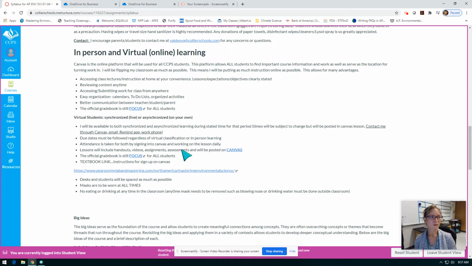So I wear my mask for you, and you wear your mask for me. It's not only about you and I, but about our families at home. So masks are to be worn at all times, and therefore there's no eating or drinking in the classroom. If you have to blow your nose or need to get a sip of water, you're going to need to step outside and do that. So there's no bringing down your mask or taking it off at any time.